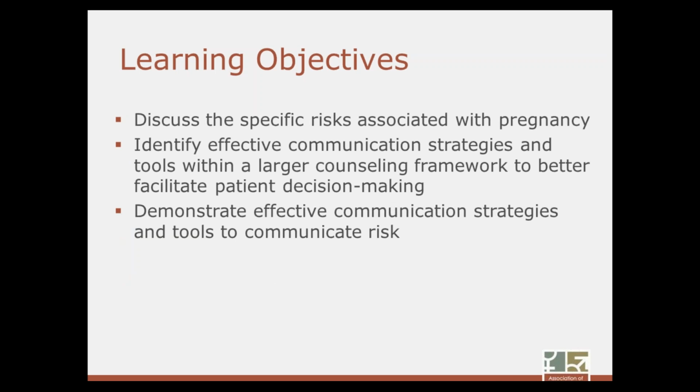And additionally, to discuss some specific risks associated with pregnancy. And hopefully, what we really want you to take away from this is to get some effective communication strategies, including demonstrations and graphics that you can use within your counseling framework for your patients so that you can help facilitate really patient-centered counseling that's effective.